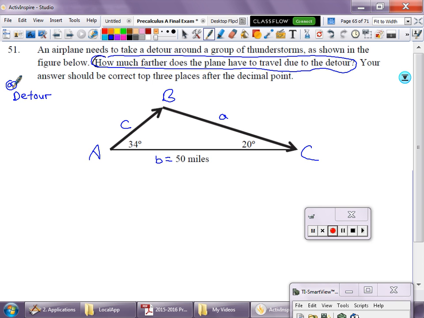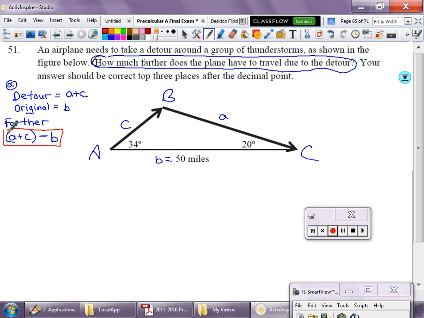Detour is equal to A plus C, and the original path is B. The shortest path is B. And to find out how much farther the detour is, it's going to be A plus C, that sum, minus B. Because the detour is longer, you're taking two sides, and that is our plan.